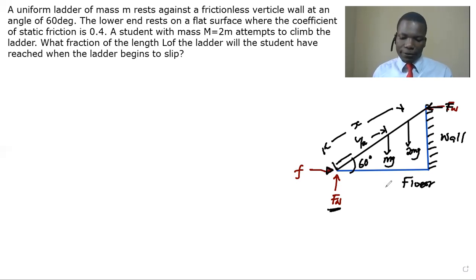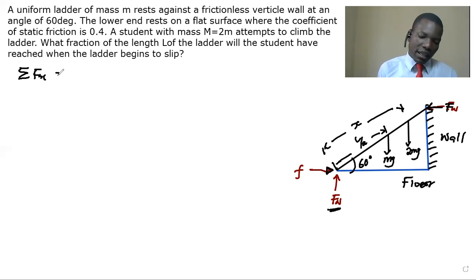When we have identified all those, we now consider Newton's second law of motion. Here we don't have motion, so the summation of all the forces in the x must be equal to 0. This is static equilibrium.